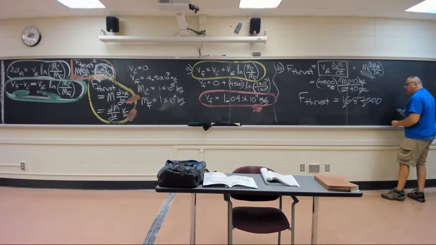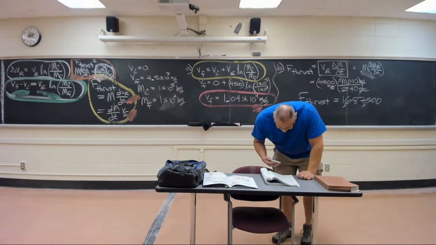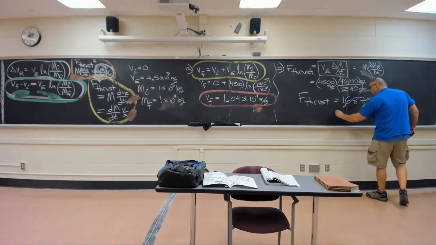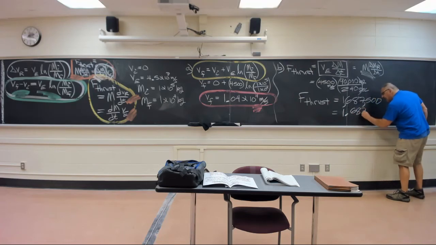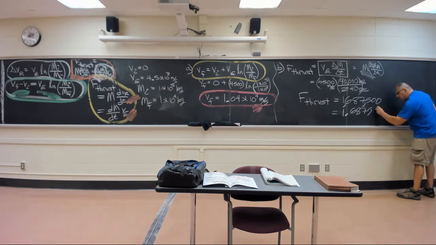They got 1.69 times 10 to the 6th newtons. We got 1.6875 times 10 to the 6th.